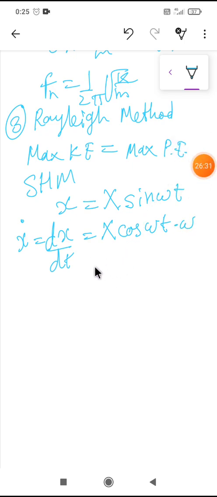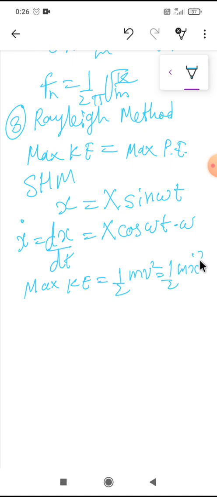If we are finding the maximum kinetic energy, what is the formula for kinetic energy? It is 1 half m v square, or we can call it 1 half m x dot square. So we need to find x dot. The maximum kinetic energy will be 1 half m into X cos omega t omega, whole square. Now this maximum kinetic energy is at which position?